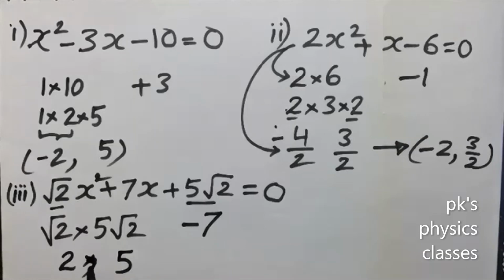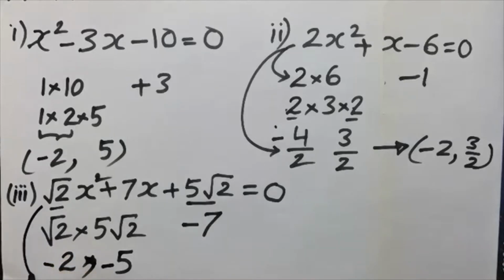Now what operation should I perform between these two, so that if I add these two, what signs should I keep in front of 2 and 5 so that I get minus 7? Simply minus 2 minus 5. So minus 2 minus 5, if I add, I will get minus 7. Now the last step is important here. Don't miss. Divide these two with √2.